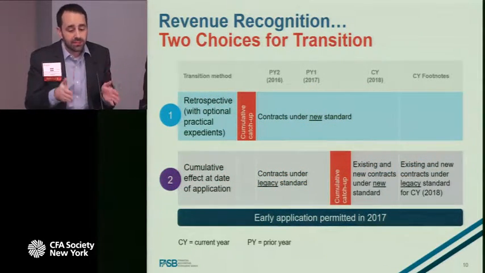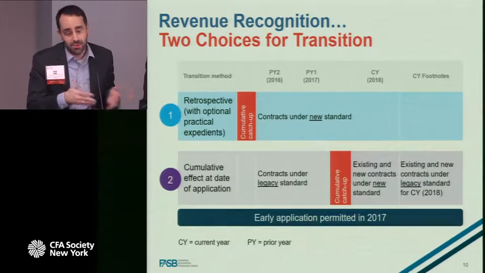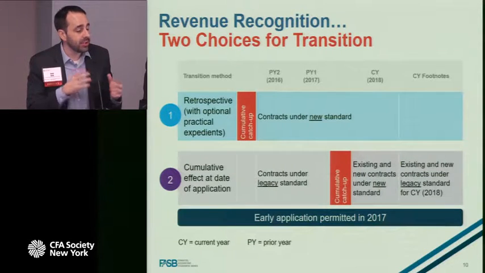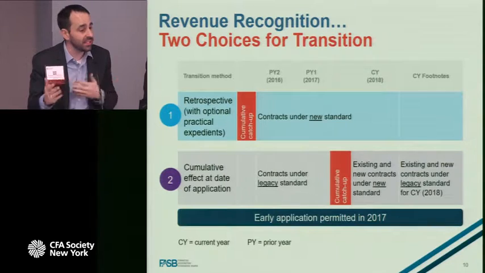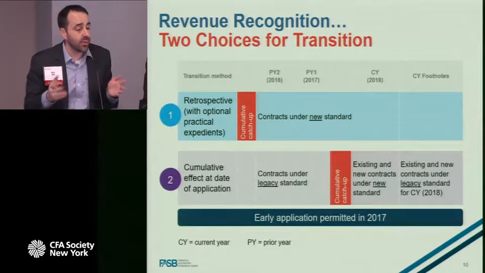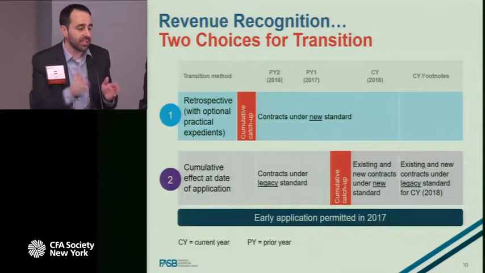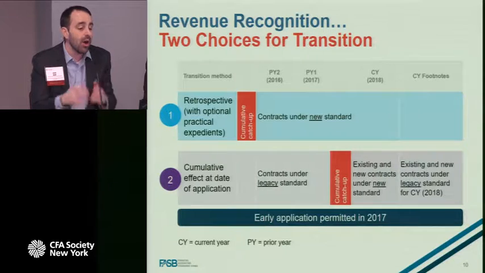Now, so when is this standard effective? For calendar year-end companies, it's 1/1/18. So we're right in the middle of the first quarter of the new standard. And so there's two choices for transition. And so as an investor, you might see it two different ways. One is full retrospective. And so in their 2018 10K, you'll see 2016, 2017, and 2018 all shown under the new standard.